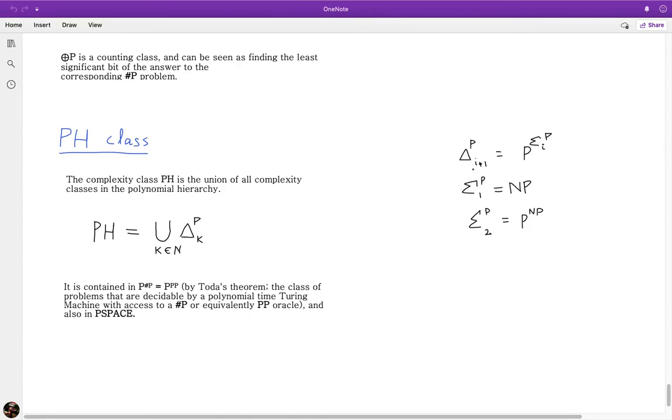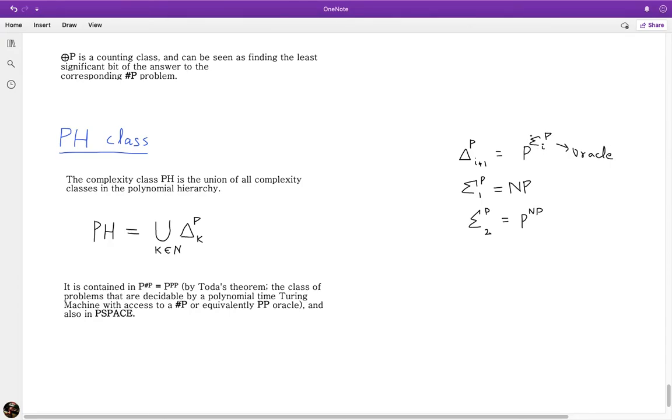So delta i plus 1 p is equal to P to the sigma i p. So let's say this has an oracle, then all the problems that can be solved using a polynomial reduction if we had an oracle for this.